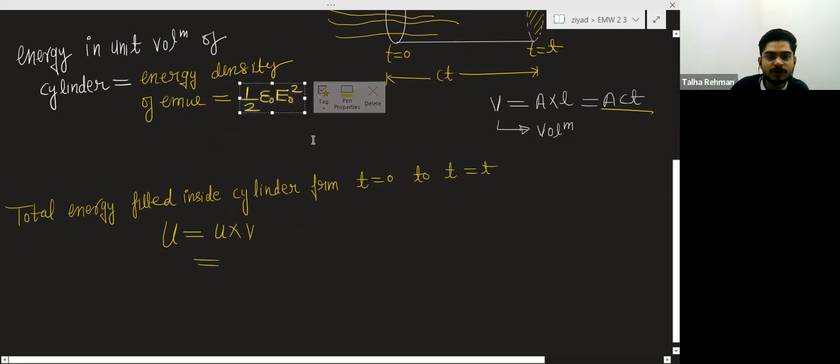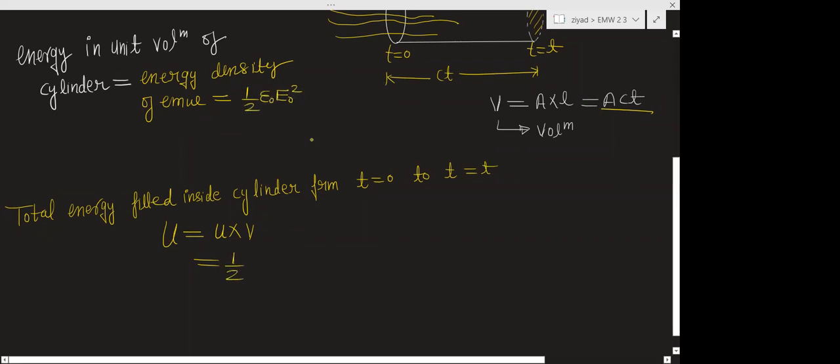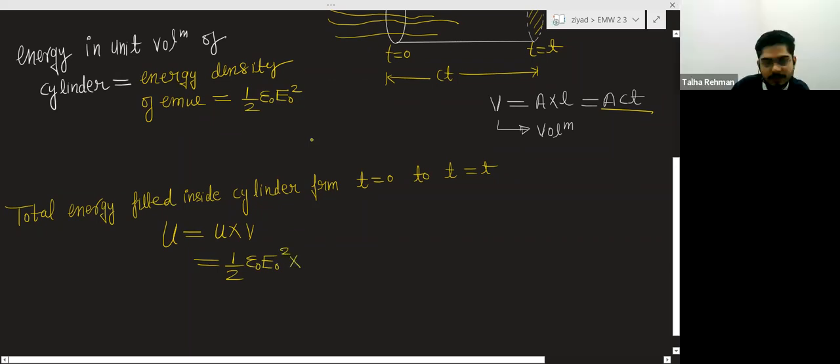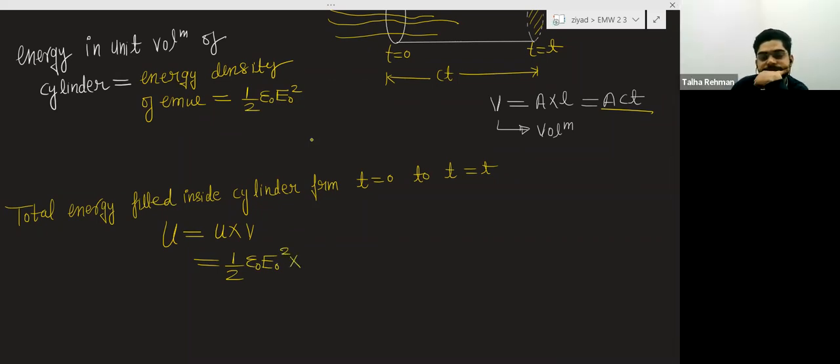Now what is the energy density of the electromagnetic wave? Half epsilon naught into E naught square. What is the volume of the cylinder? See on the screen and tell me where is the volume written? This is the volume, na?